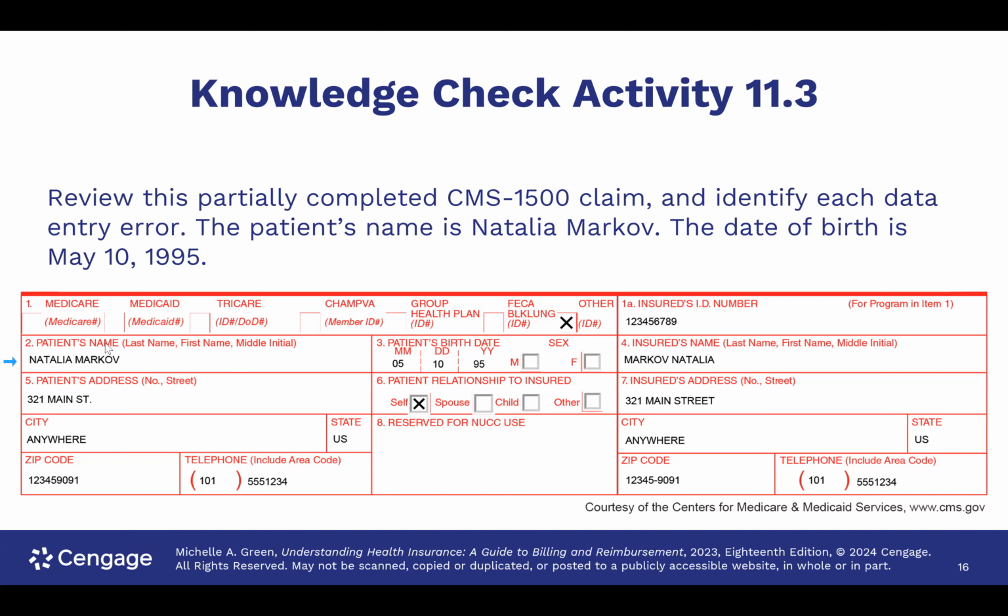Well, again, following instructions is critical. Here it says in block 2, last name, first name, middle initial. That didn't happen here. Block 3, we talk about the patient's birth year. It should be 1995.